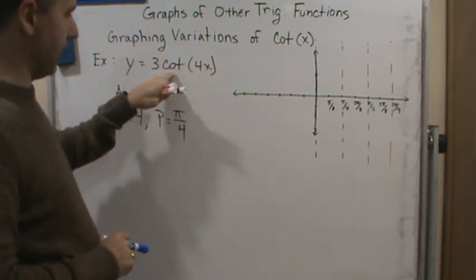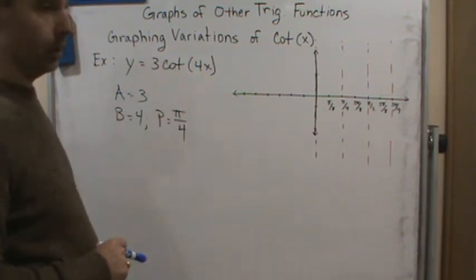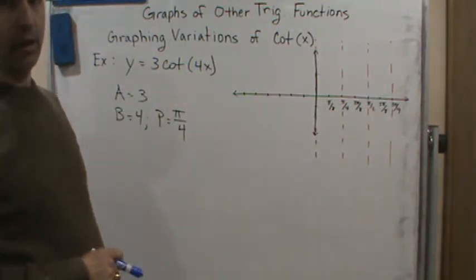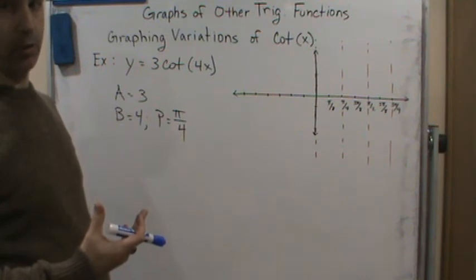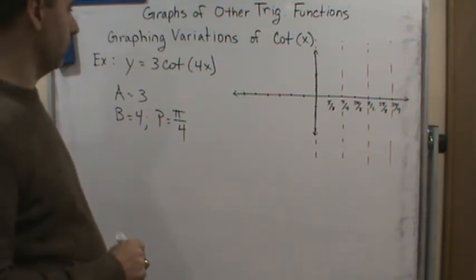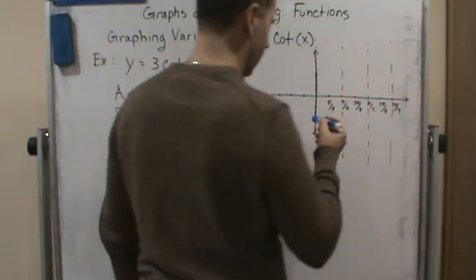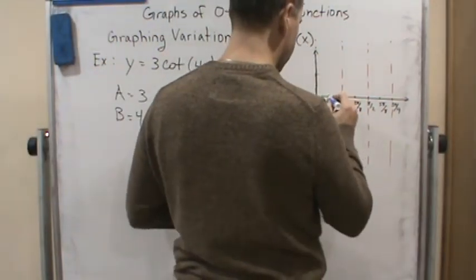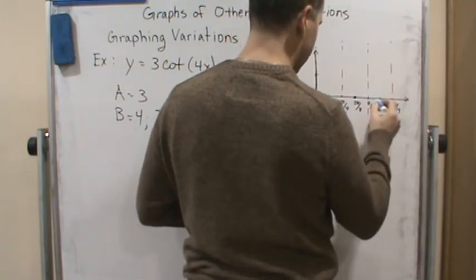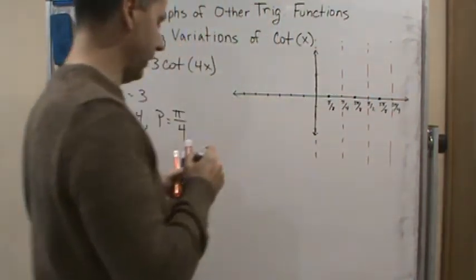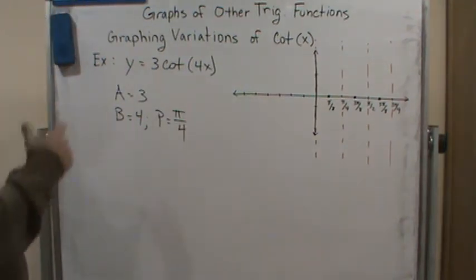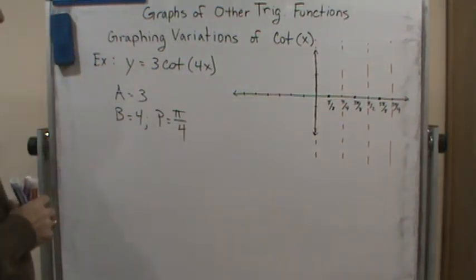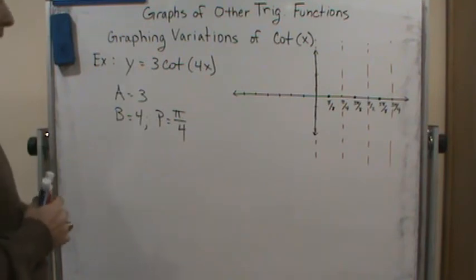And we know that the cotangent of pi over 2 is 0. So we know we're going to have a 0 here, and then that's going to repeat. And we know that it's a decreasing function because tangent is an increasing function, and the fact that this is not negative.